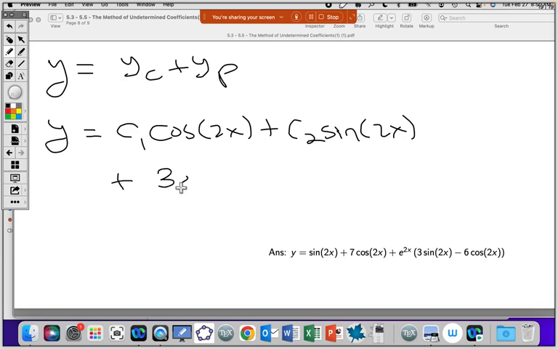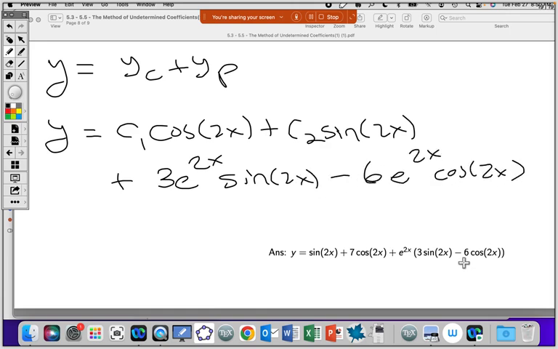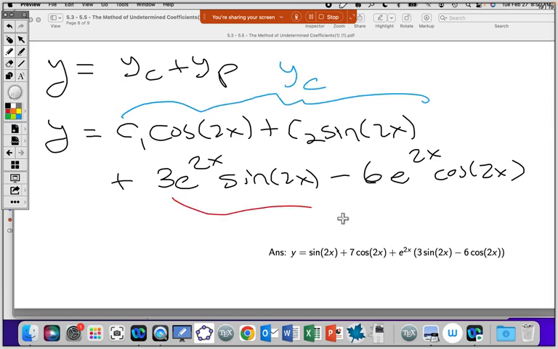And then we would have 3 e to the 2x sine 2x minus 6 e to the 2x cosine 2x. Right. So this is your yc. The yc contains the constants. And then this would be your yp.